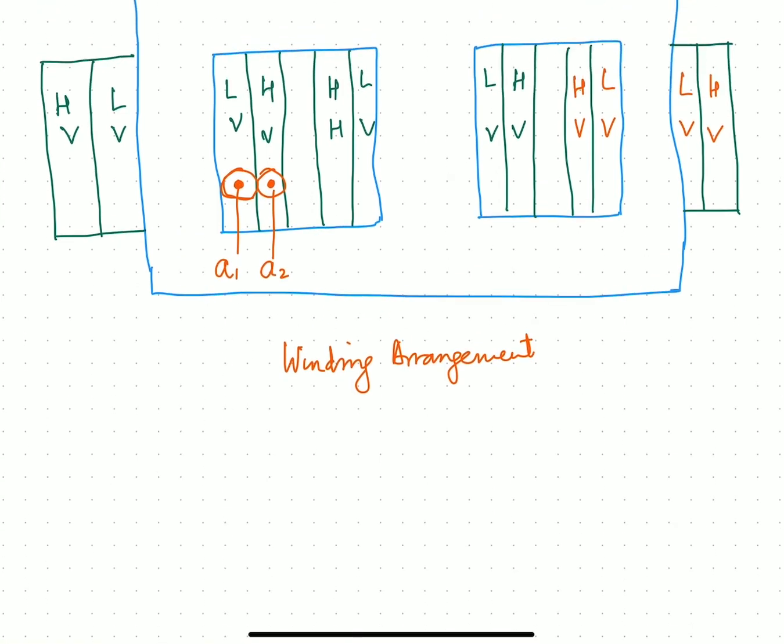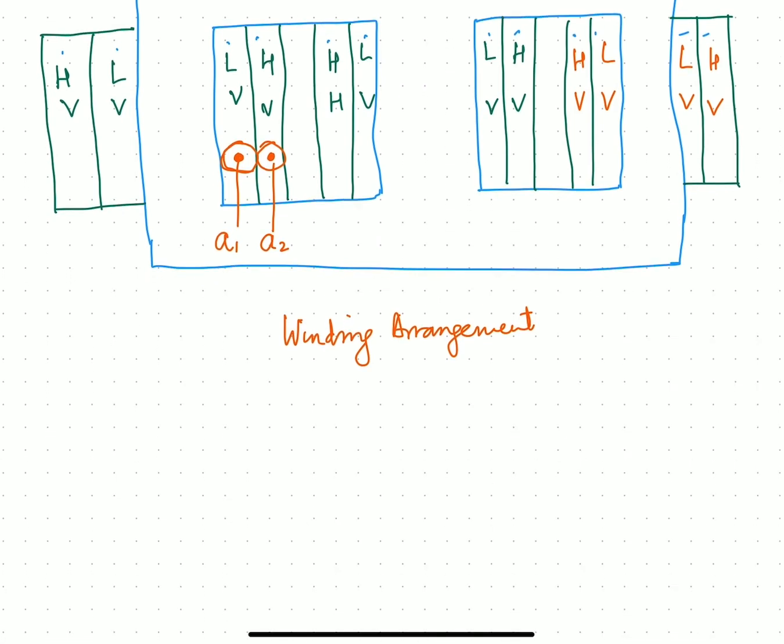So if this is one leg of the transformer, this has primary and secondary winding of, say, phase A. This is phase B and this is phase C. So in each window, you have two primary and two secondary windings.